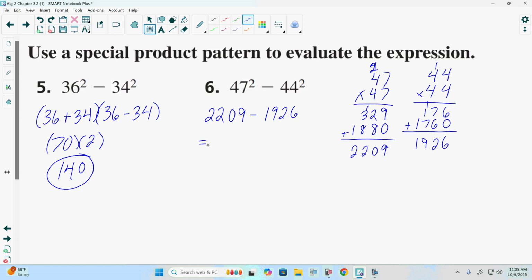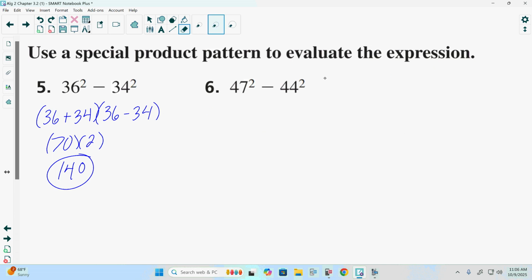Then we would actually subtract these here, and should get 273. Because again, if we're doing all this by hand, that is a lot of work to try to get to the answer. Where according to this method, I could just say that we have 47 plus 44 times 47 minus 44.